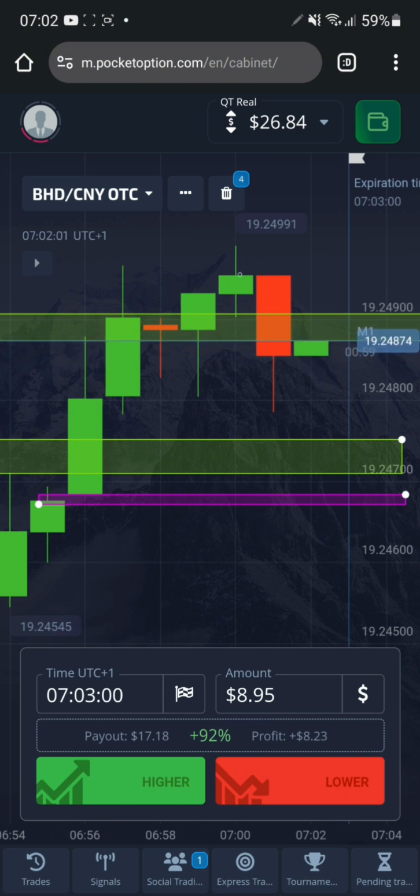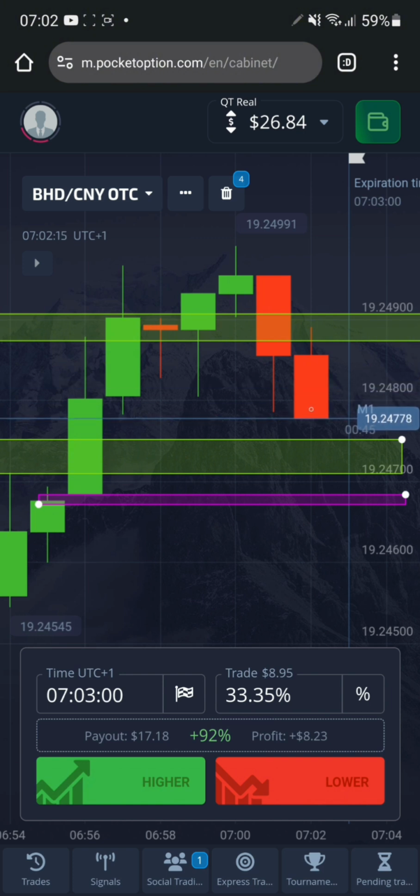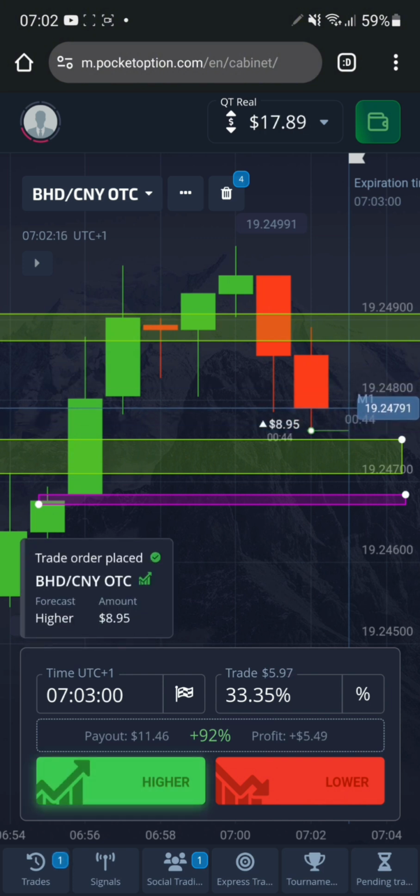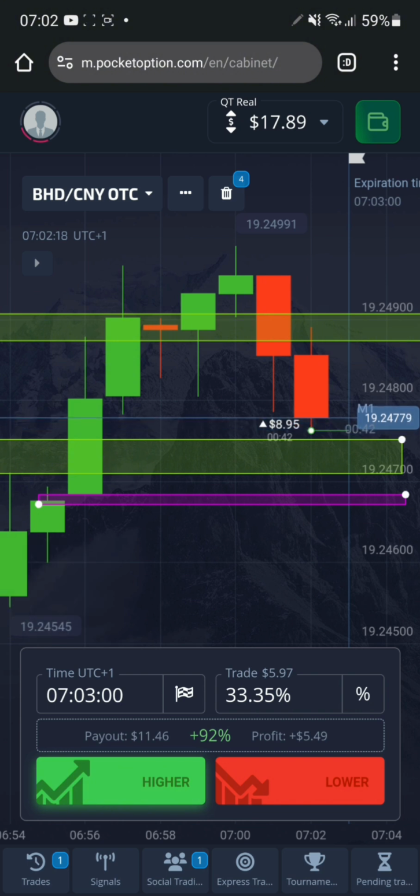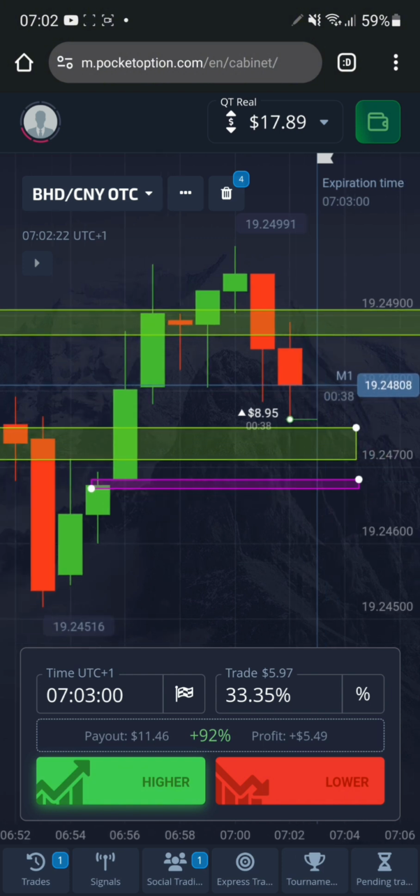So this pattern needs retracement also, but if I'm going to take this trade, I'll wait for the price to come down here before going with the buyers. If the price comes down here, I'll go with the buyers. Let's go. All right.